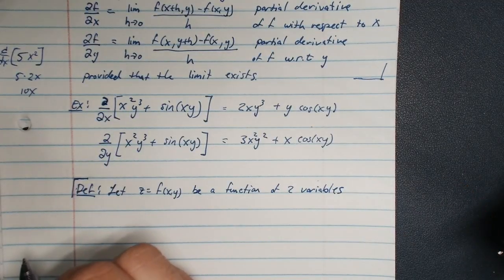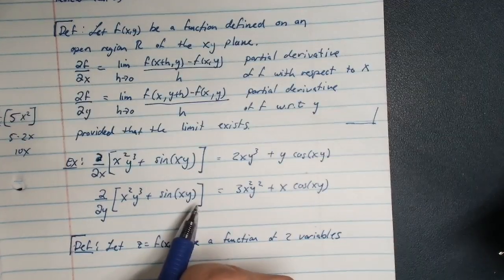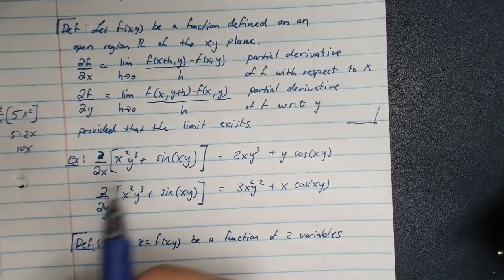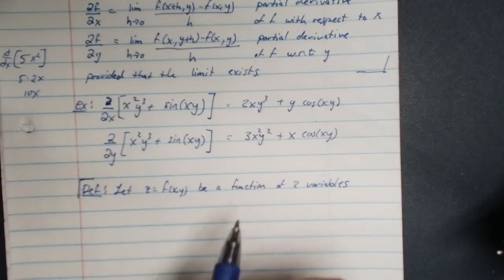That have continuous first partial derivatives. In other words, you can take these 2 first derivatives, and they're continuous. This would be a good example. These are continuous functions here.